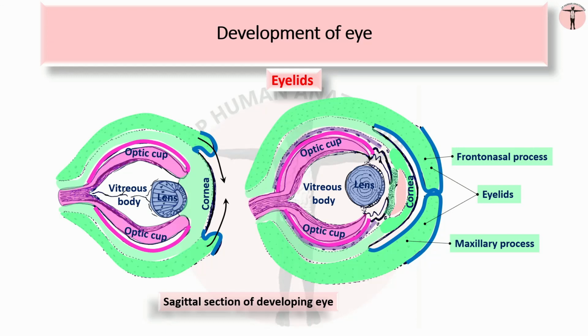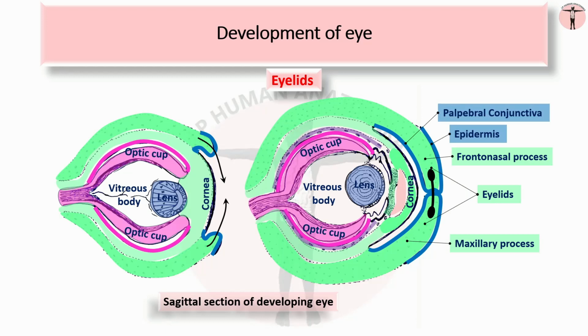The eyelid margins meet and fuse during the 3rd month of development, and they remain fused until all the structures of the eyelid are developed. The layer of ectoderm which covers the anterior surface becomes the epidermis, and the layer which lines the inner surface becomes the palpebral conjunctiva.